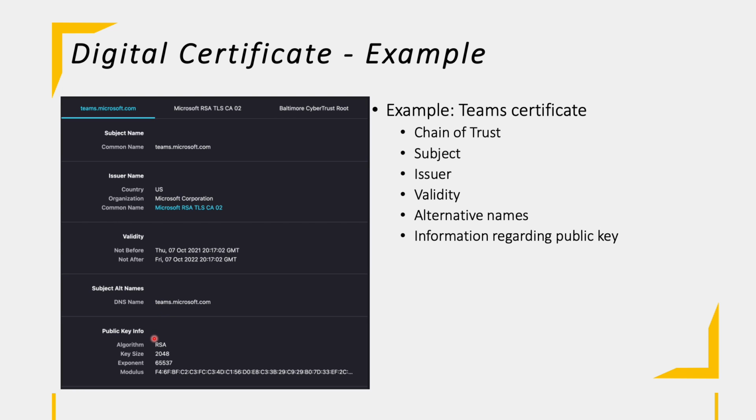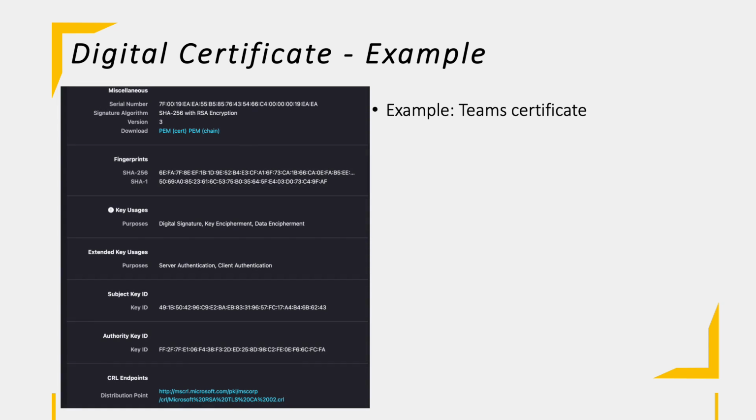And you have some information regarding the public key. It's based on an RSA algorithm with a key size of 2048 bit and some modulus information. We keep going with the certificate because we are also seeing some more details in terms of the signature algorithm used, which is SHA-256 with RSA encryption, with the fingerprints in two different hashing algorithms, SHA-256 and SHA-1.